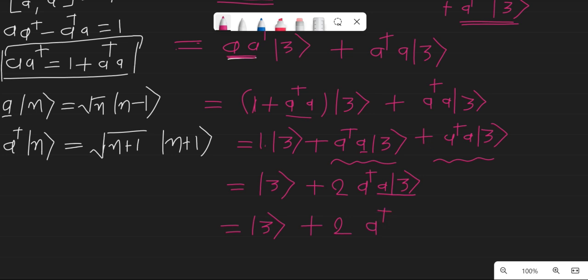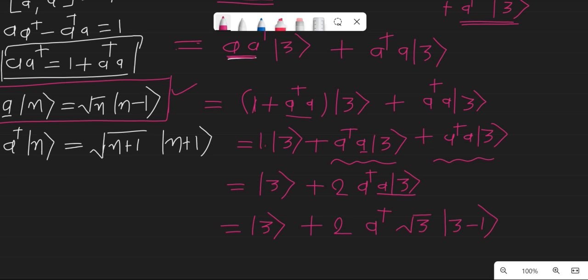So according to this formula of annihilation operator, you may watch this, it will be root 3 and state will be decreased by 3 minus 1.